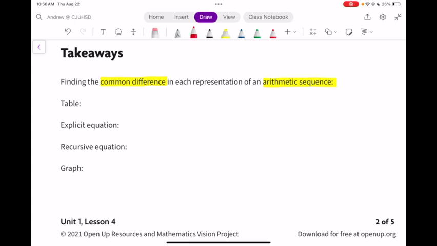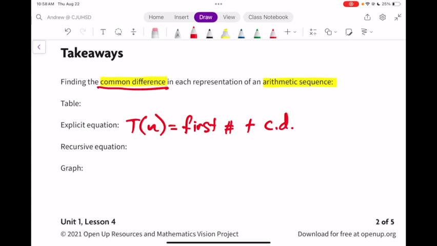Now, for the explicit equation, I'm going to give you a little bit of a hint how to do this in the future. For your total of n, you're going to make it the first number plus the common difference, times n minus 1.